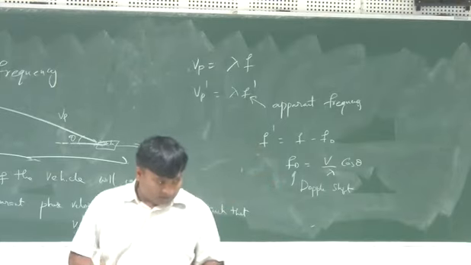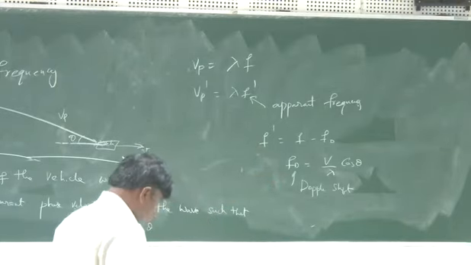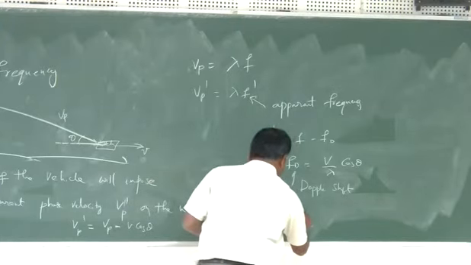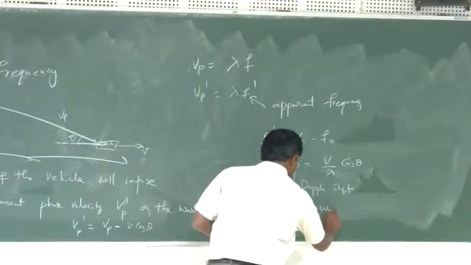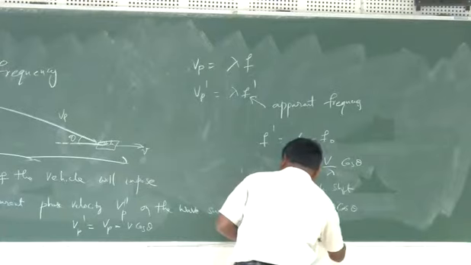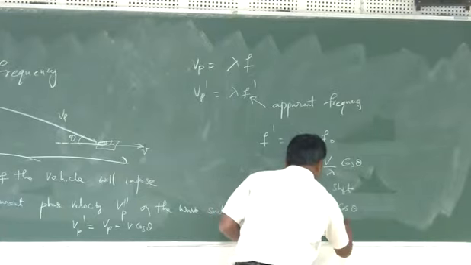Good. Similarly, omega d is equal to omega m cos theta, and omega m is the maximum Doppler shift.